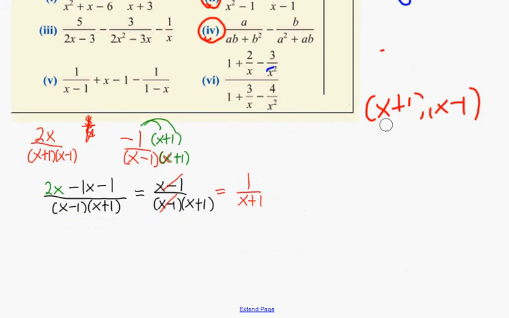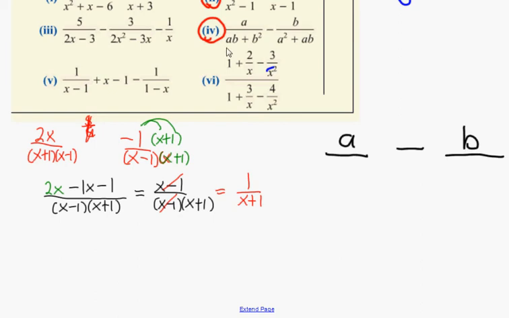Okay. So, question 4. Do you think in question 4 that everything is fully factorized? Is everything fully factorized? No. Factorize the bottom. What do we get? What can we take out?